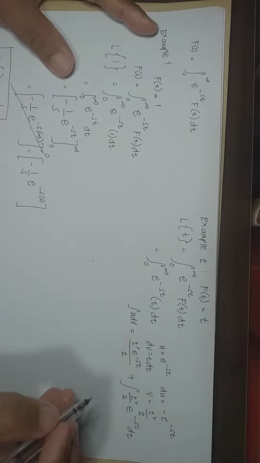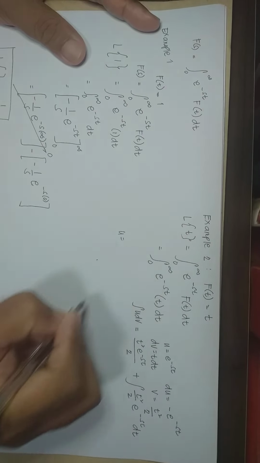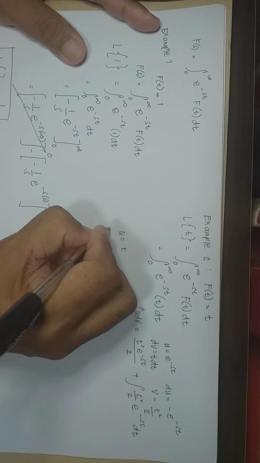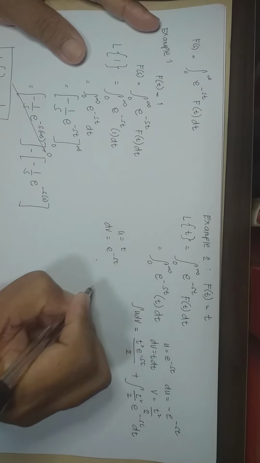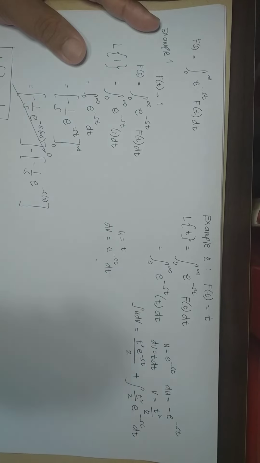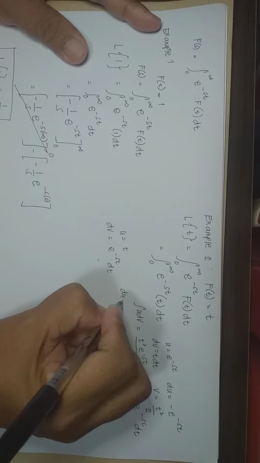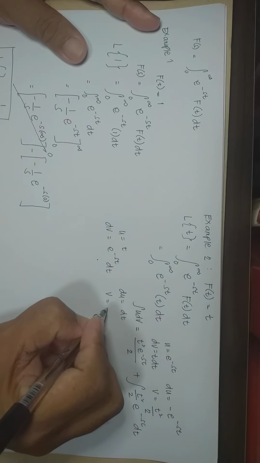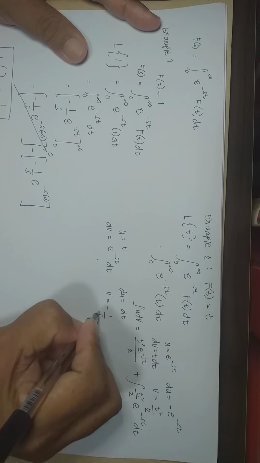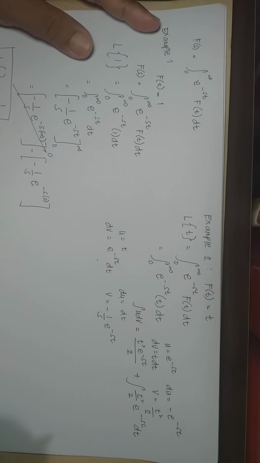Okay? So let's try the other choice. If we let u be equal to t and dv be equal to e to the negative st dt, your du must be dt and your v is equal to negative 1 over s e to the negative st. Okay?